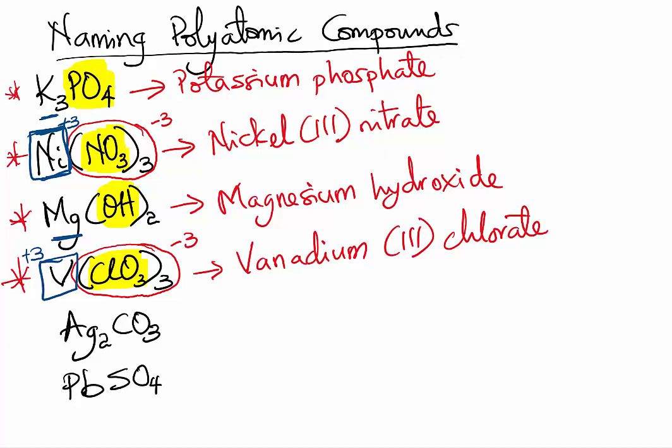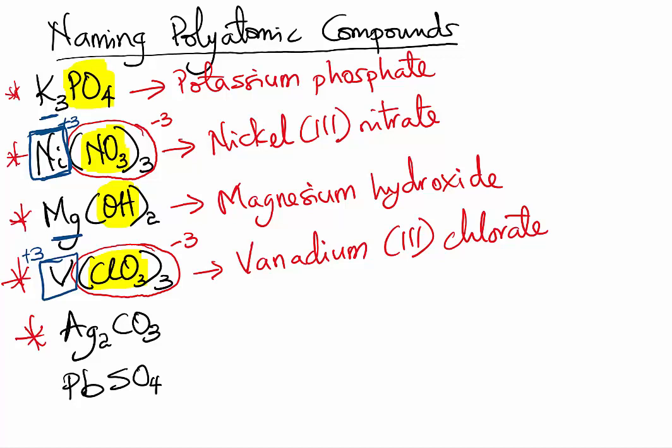We have silver as our first element. And silver is a transition metal. But silver always has one particular charge, and that is always +1. So, although silver is a transition metal, it will not be named like a transition metal.